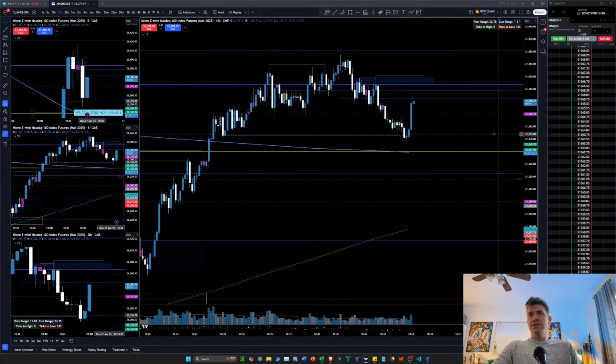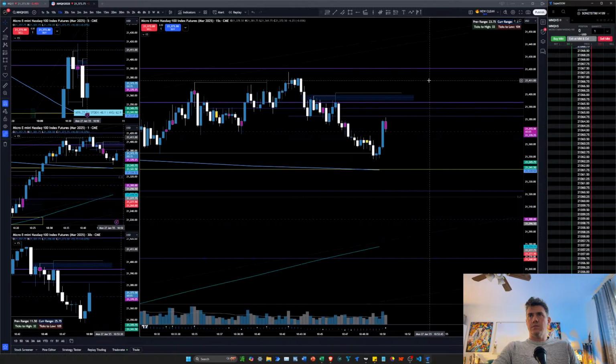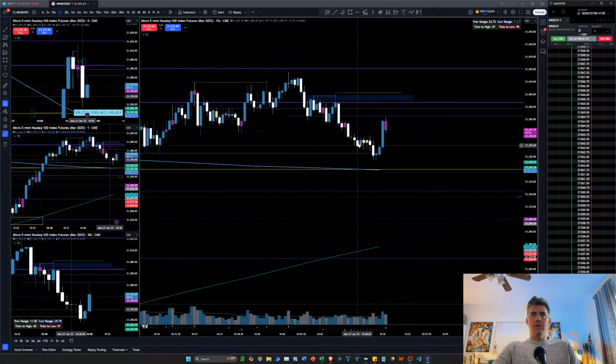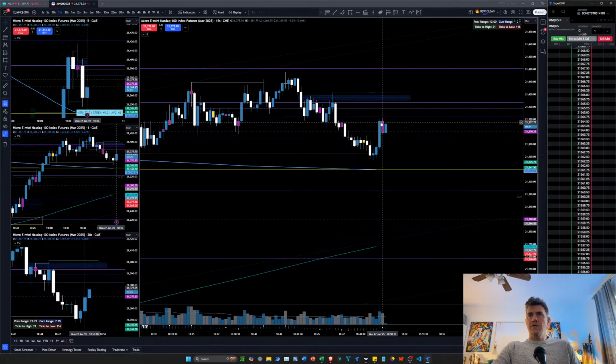I'll take a snazzy little short at this 50 level. Not looking like that, I won't. Not enough wick here. Didn't actually hit the level.